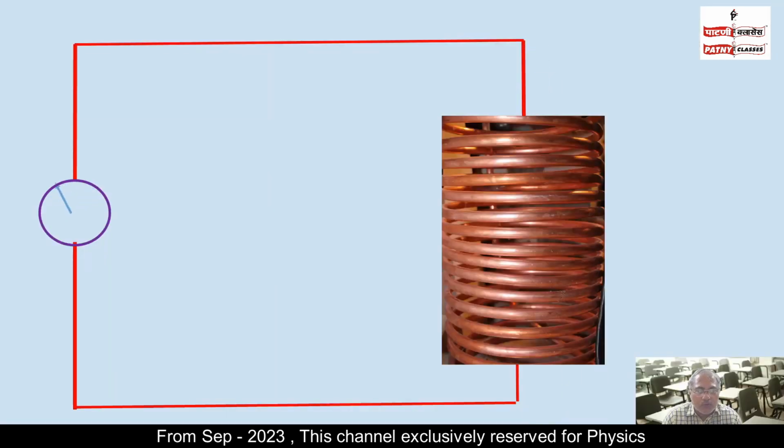Now suppose we move the magnet very fast from top to bottom and bottom to top. In both cases, the galvanometer will show deflection. But when you move from top to bottom, the deflection is in the forward direction, and from bottom to top, the deflection would be in the reverse direction.